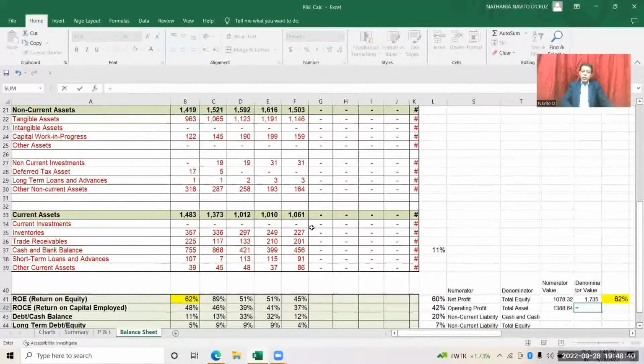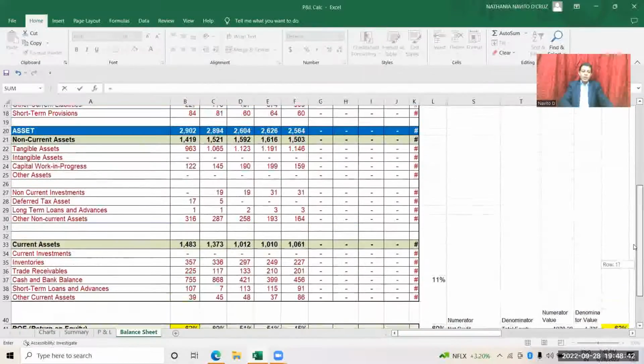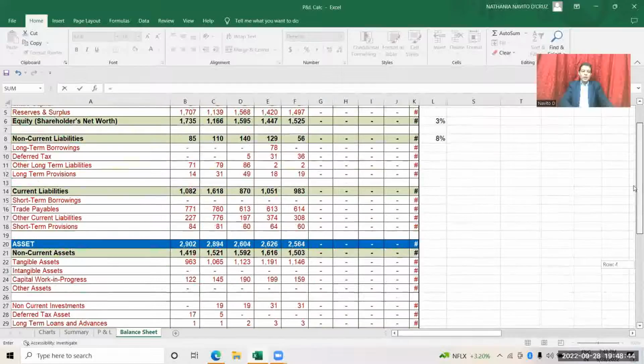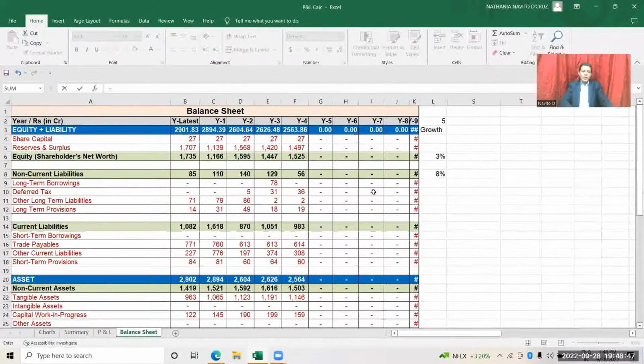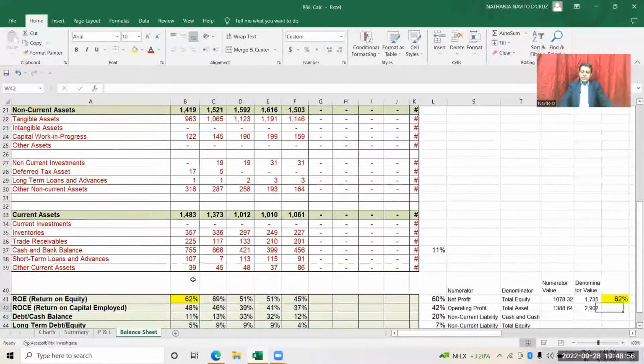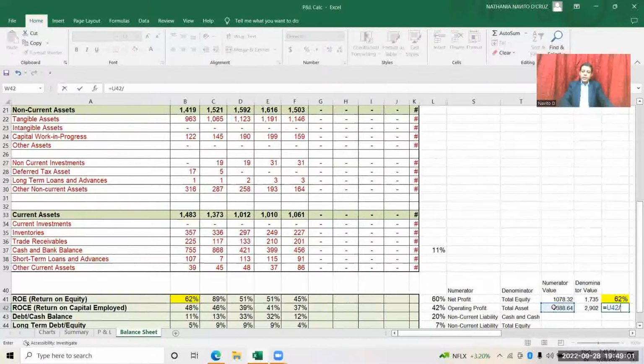Then we have our denominator, which is our total assets, or we can have total equity plus liabilities. Anywhere you can choose because both will match. So we pick up total assets. This we divide by the denominator. It will be a percentage. So see the percentage which is matching.